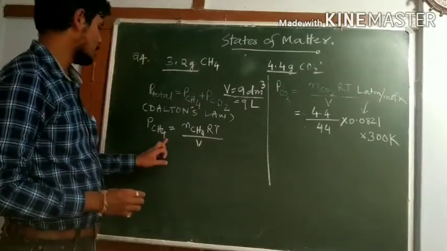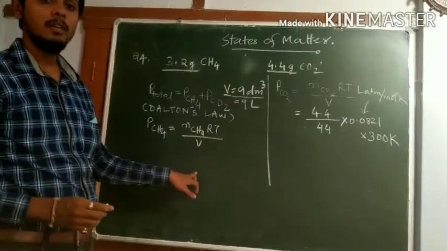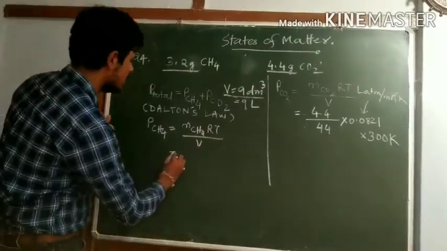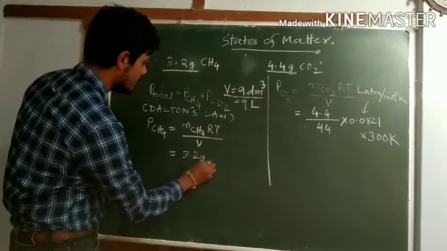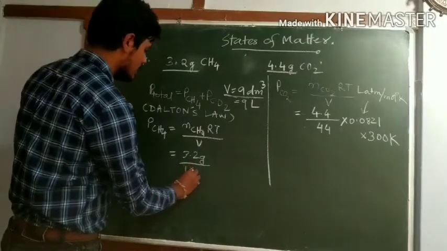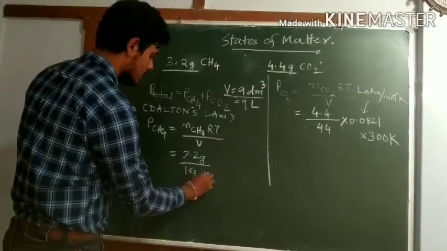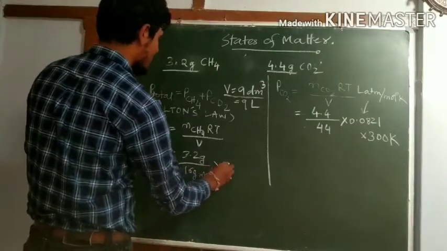So partial pressure of CH4 equals number of moles of CH4 into RT by V. So the number of moles of CH4 is given mass of CH4 3.2 gram by molecular weight of CH4, which is 16 gram per mole. That is the molar mass of the gas, into RT.